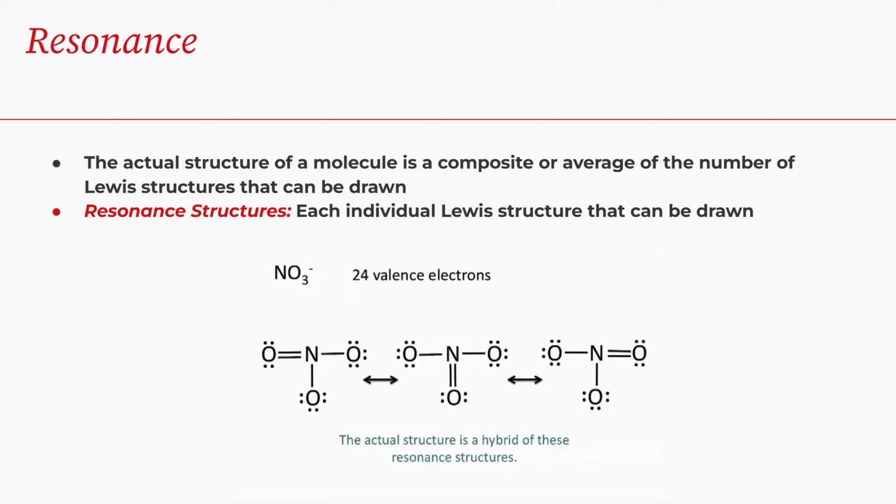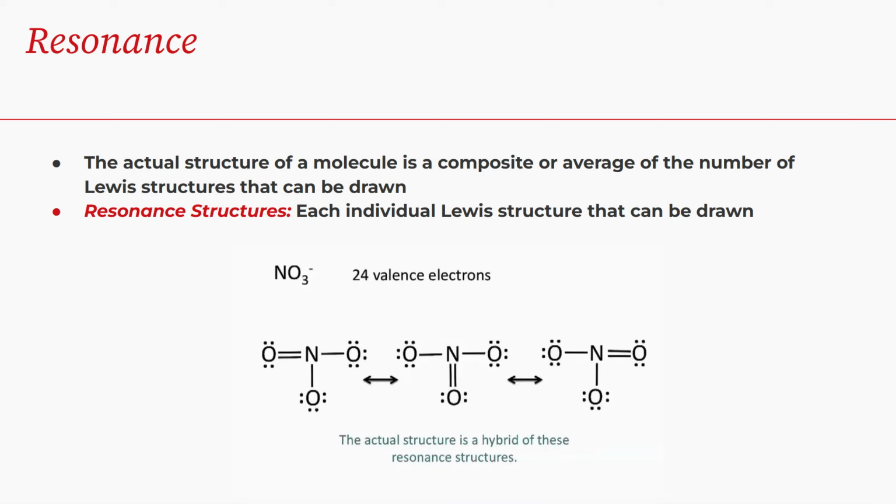So if we look at an example here for NO3, the oxygen double bond could be placed on this oxygen, it could be placed on this oxygen, or it could be placed on this oxygen over here. Nothing about it dictates that the double bond should go on a specific oxygen.